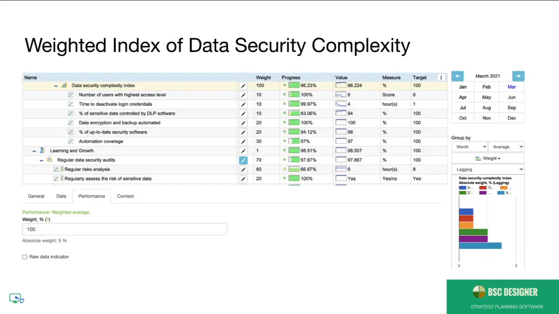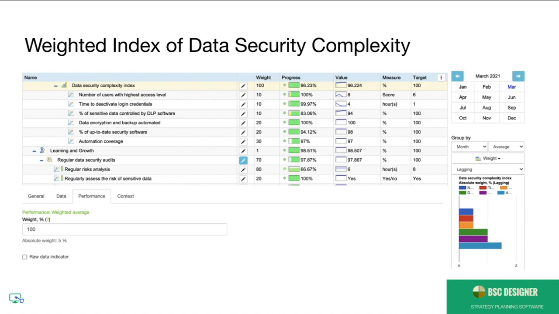To quantify the complexity, we use the Data Security Complexity Index that is compiled of several indicators. For example, there is number of users with the highest access level. The optimization function for this indicator is set to minimize.